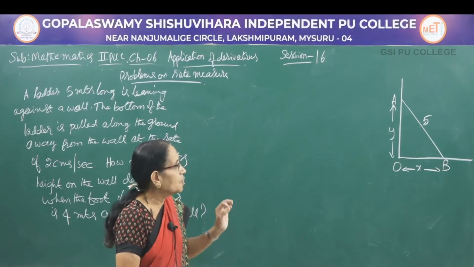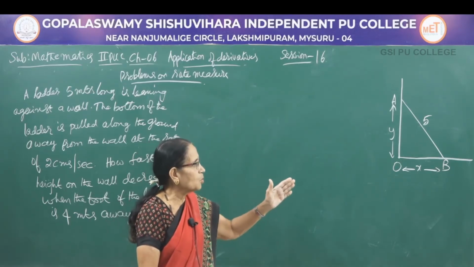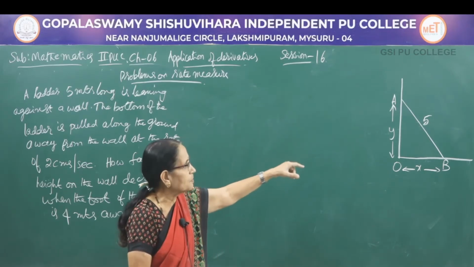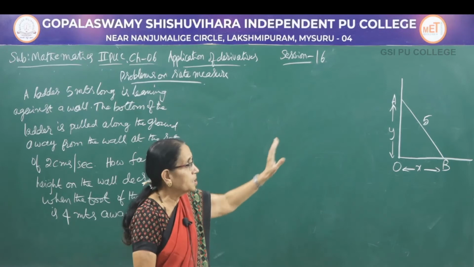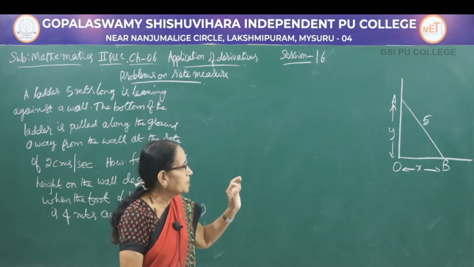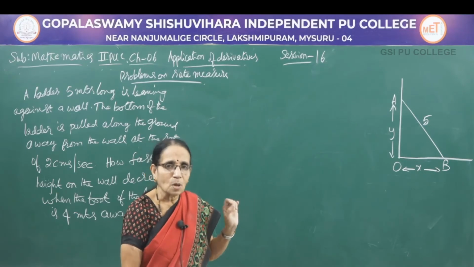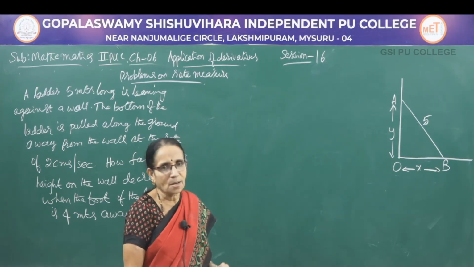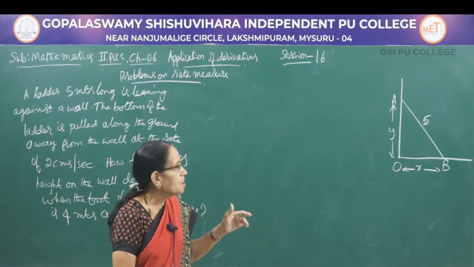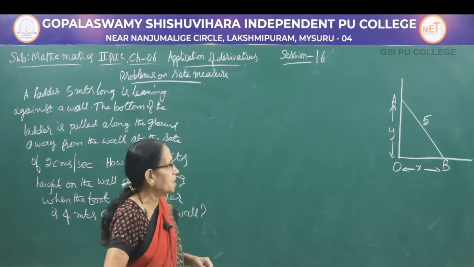We have taken the position of the lower end from the wall to be x, and the position of the upper end from the base to be y. So dx by dt has been given, dy by dt has to be calculated. One more data is given, that is x. So when the lower end is 4 meters away from the wall, you have to calculate dy by dt.